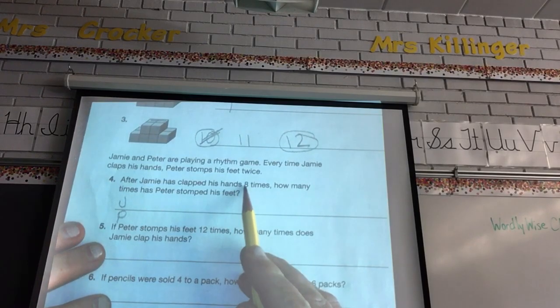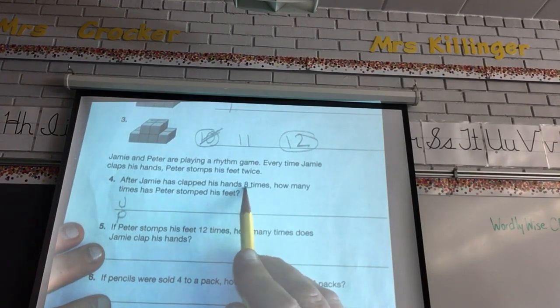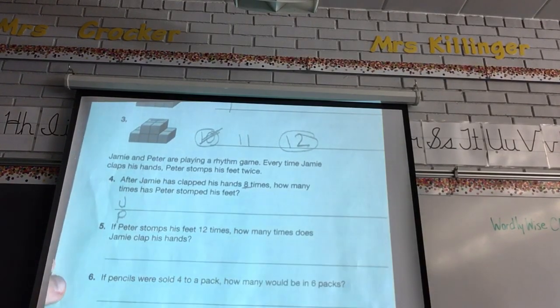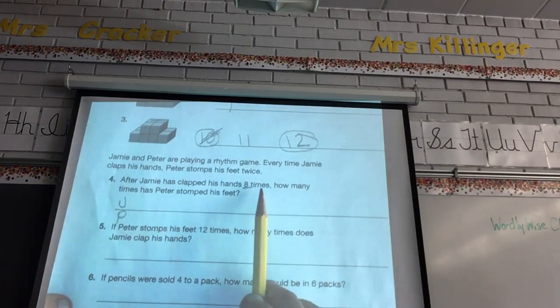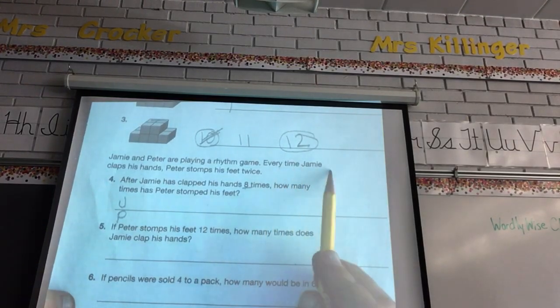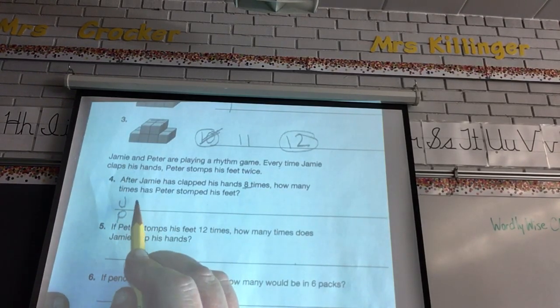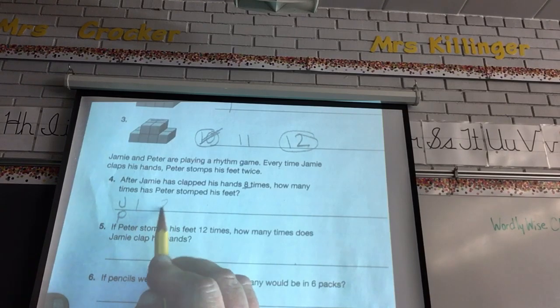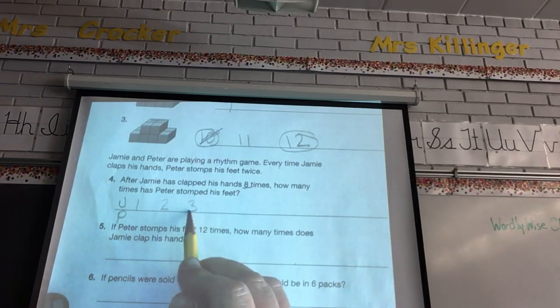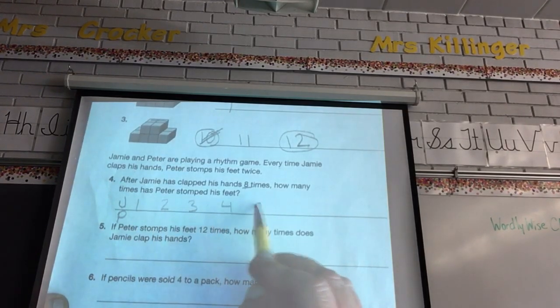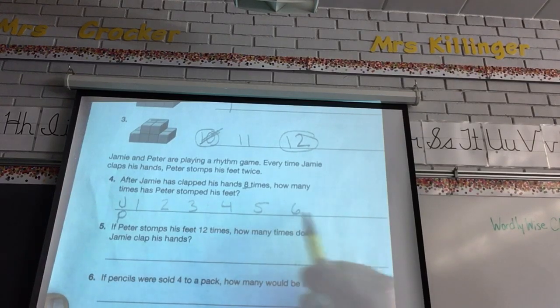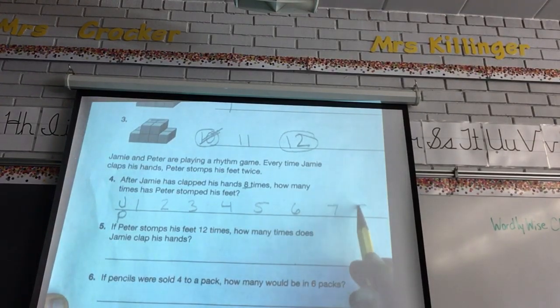So we know that Jamie has clapped his hands 8 times, but we're not counting by ones, all right? With Jamie, every time Jamie claps his hands, we are counting by ones. So we got Jamie, 1 clap, 2 clap, leave some space, 3 clap, 4 clap, 5 clap, 6 claps, 7 claps, 8 claps.